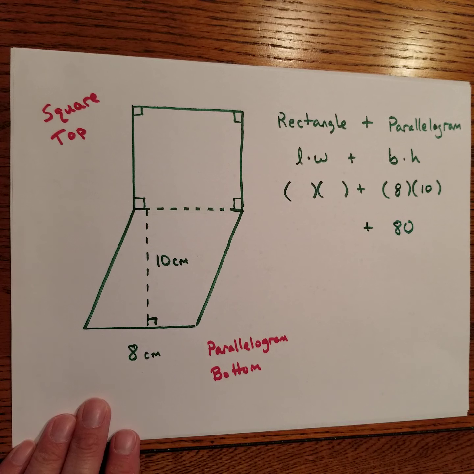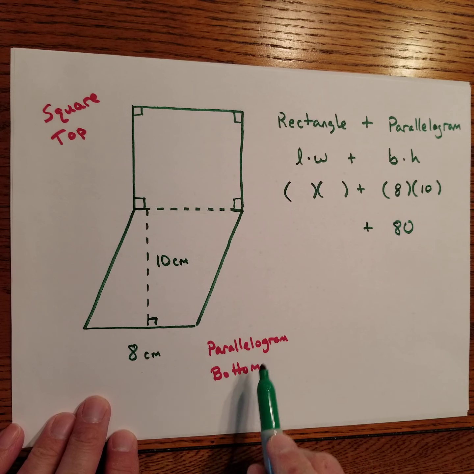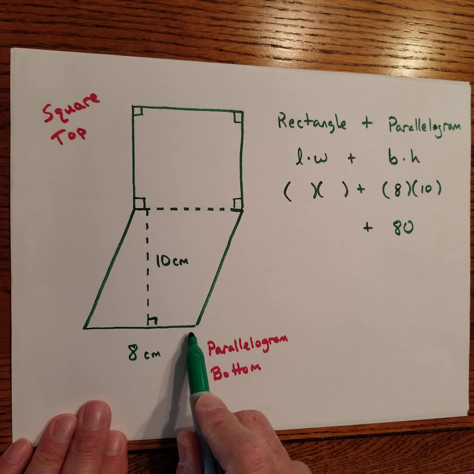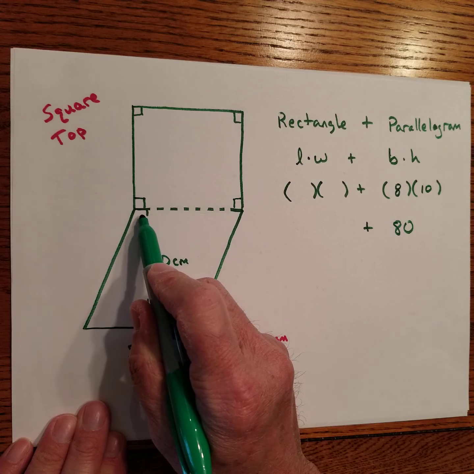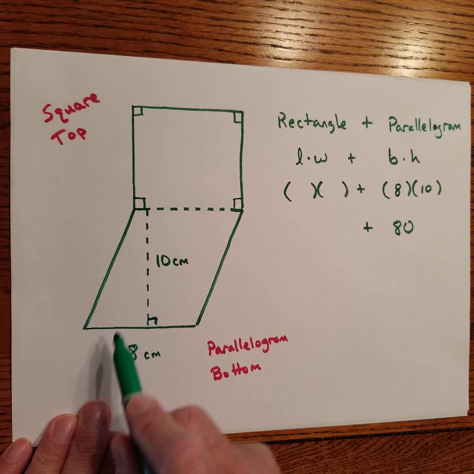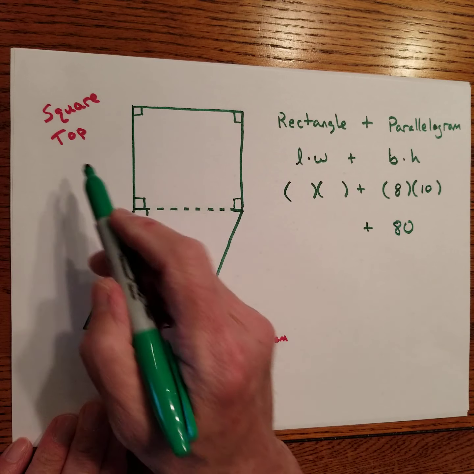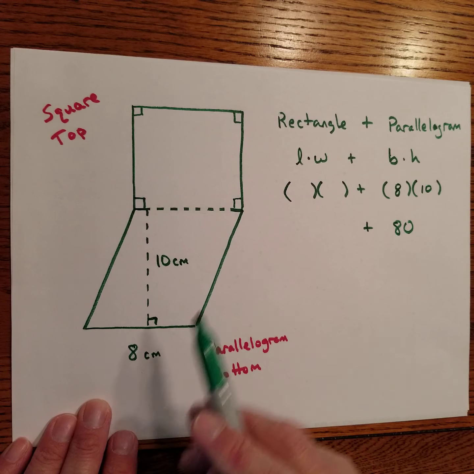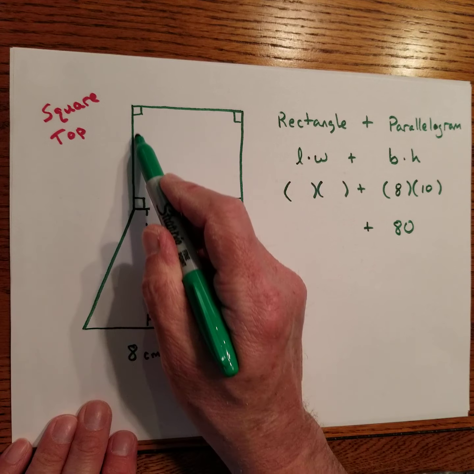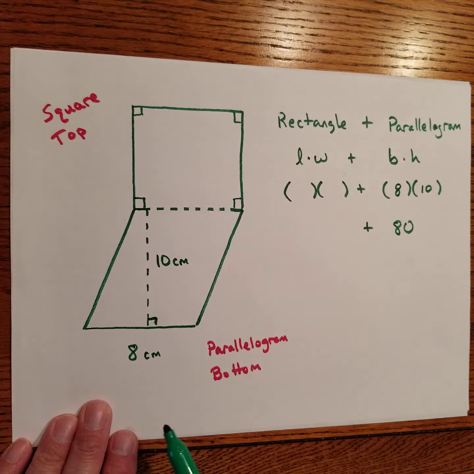I've got the parallelogram. The rectangle is a little trickier. Well, one thing that I know about a parallelogram is that the bottom is exactly the same length as the top. If this is 8, then this is 8. But what do we know about a square? On a square, all the sides are the same length.